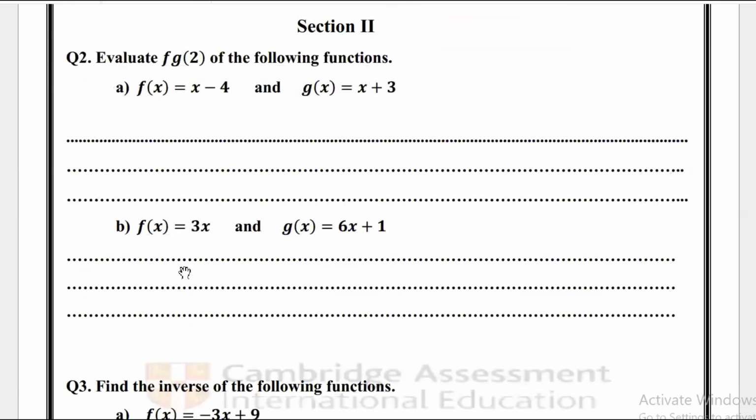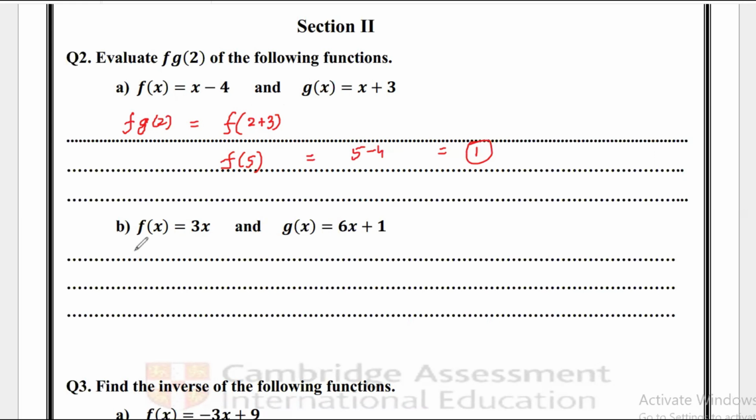Here the first question: evaluate f g of 2 of the following functions. For f g of 2, this means we substitute 2 in function g first, which gives me 2 plus 3, equal to 5. Now replace 5 in function f, which is 5 minus 4, and lastly we have answer 1.